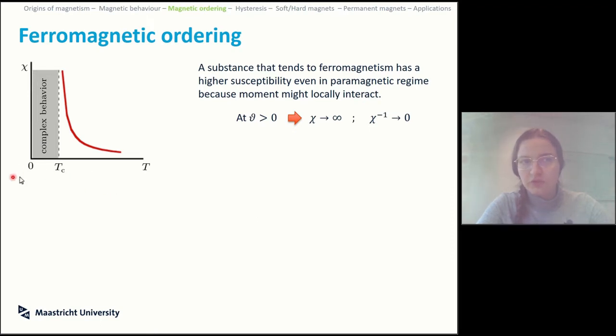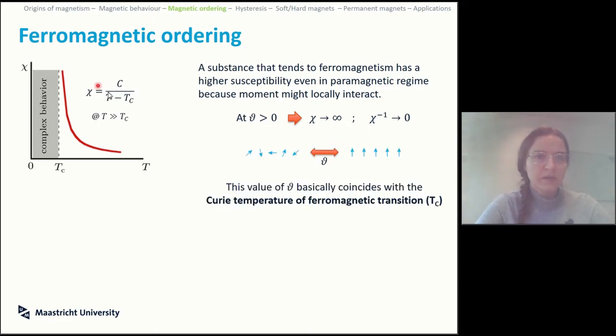So the closer you go to the Curie temperature, at some point you will go to an asymptotic behavior. And at the interchange moment, when the temperature is very much higher than what we call the Curie temperature, you can just follow this behavior like this.